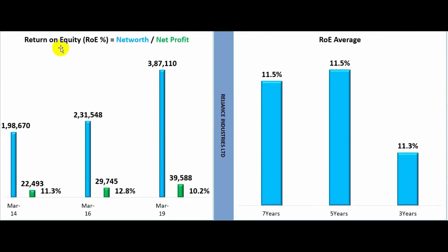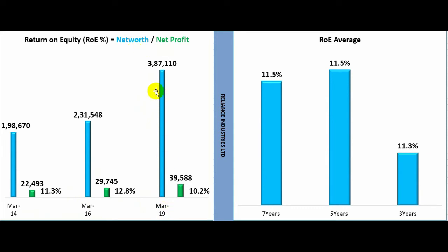Return on equity, ROE, should be above 15%, but we see from 14 till 19 it was quite flat at less than 13%. So here what we are trying to do is understand how much the company has earned as net profit against the shareholders' money, or the contribution of the shareholders in the company.